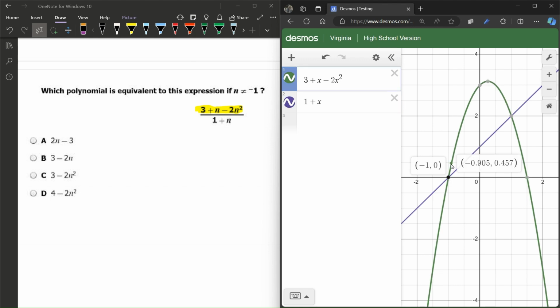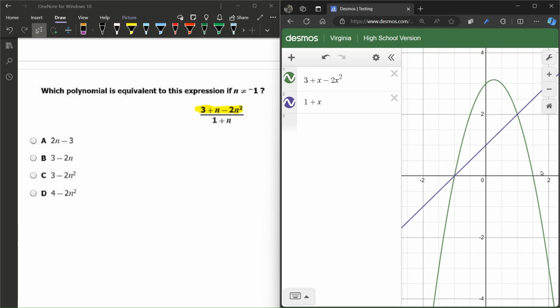So the x-intercept for this green parabola is -1, and the x-intercept of this purple line is also -1.